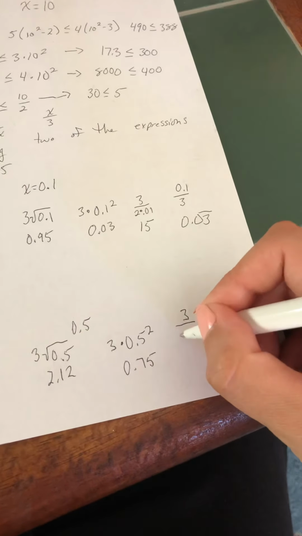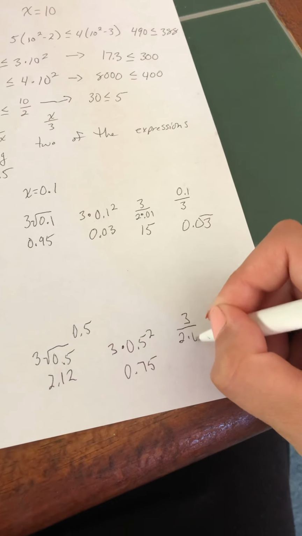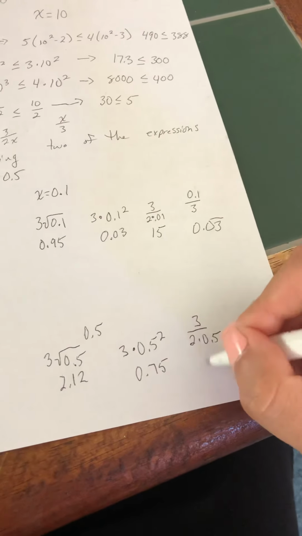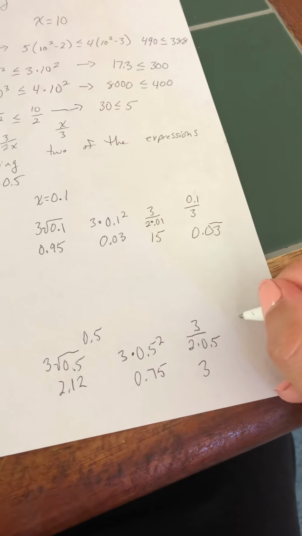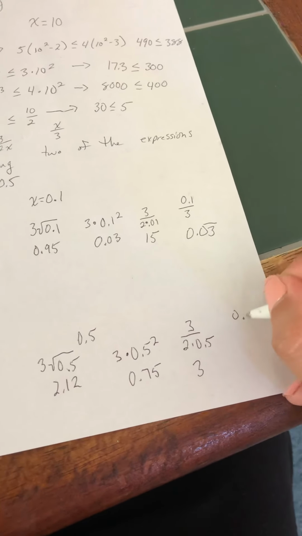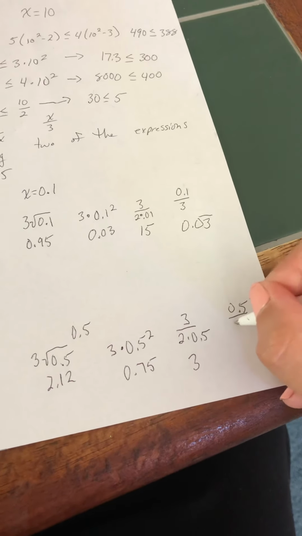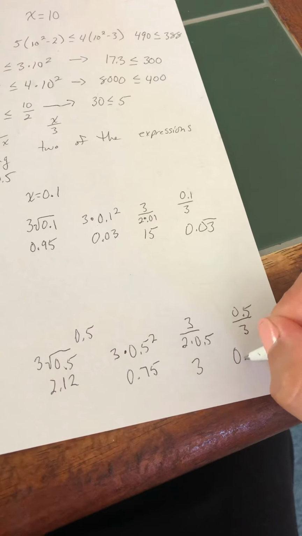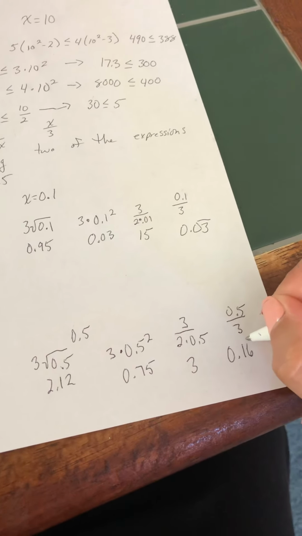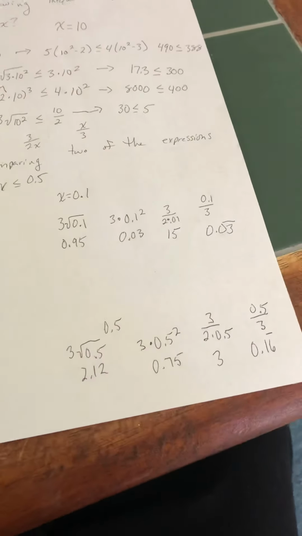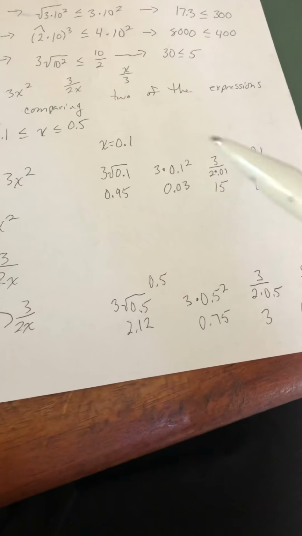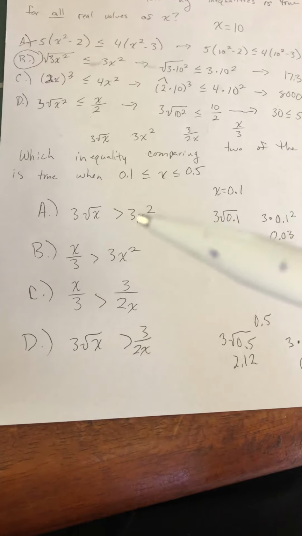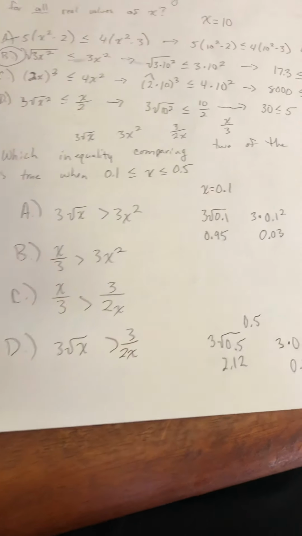And then you have 3 over 2 times 0.5, which is 3. And last you have 0.5 over 3, which is 0.16 repeating. Okay. So now you take these values here and you substitute them in to your given inequalities.